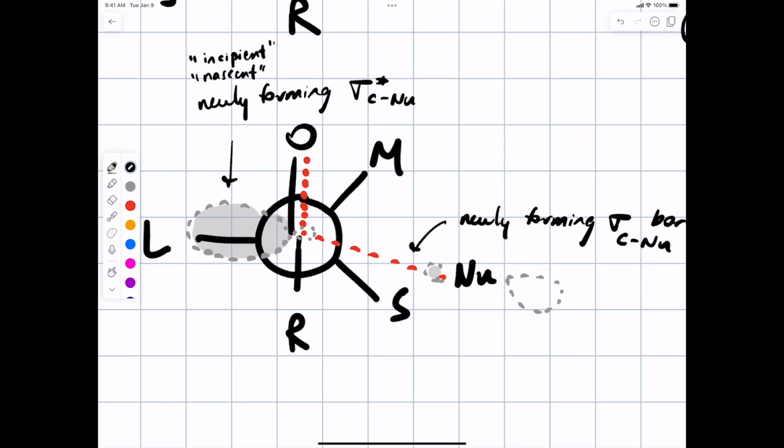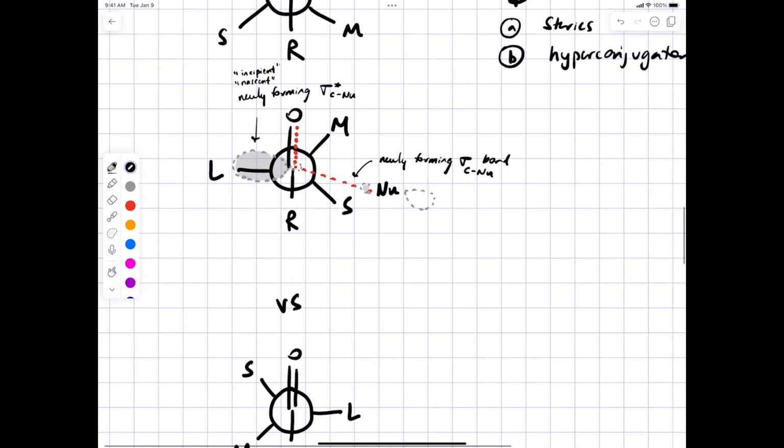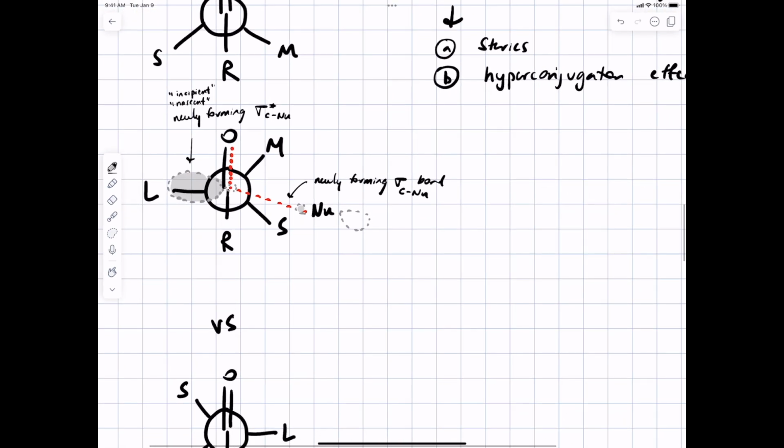Okay, so in gray is the nascent or newly forming sigma star. And with the red dotted line, we're not drawing the orbital, but we can imagine it there, the newly forming nascent carbon nucleophile bond. Okay? So there's two possible things to consider here.